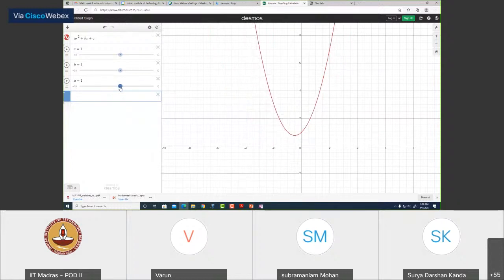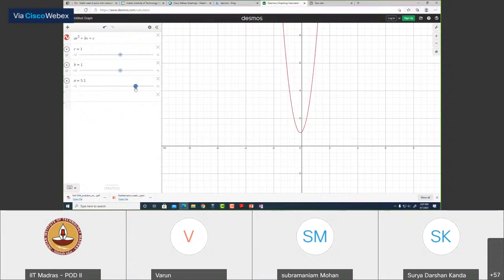At a equals 1, the parabola was like this. When we increase it, the parabola becomes thinner. The area inside the parabola becomes smaller. As we increase the coefficient, the parabola becomes thinner and thinner, right?